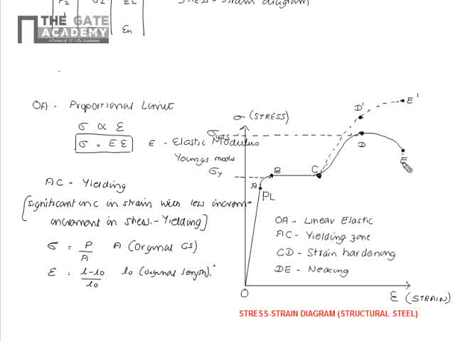Such kind of a stress strain diagram, which is drawn based on the original cross-sectional area and original length, is called a nominal stress strain diagram, or it's also called engineering stress strain diagram.